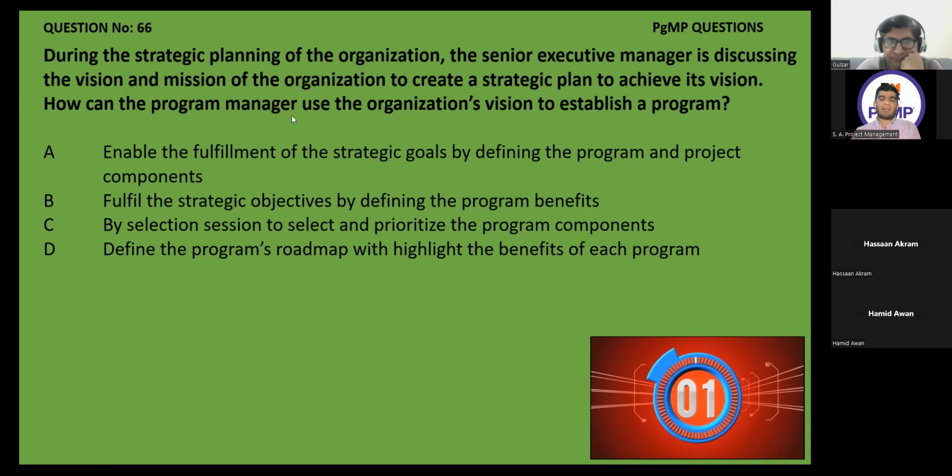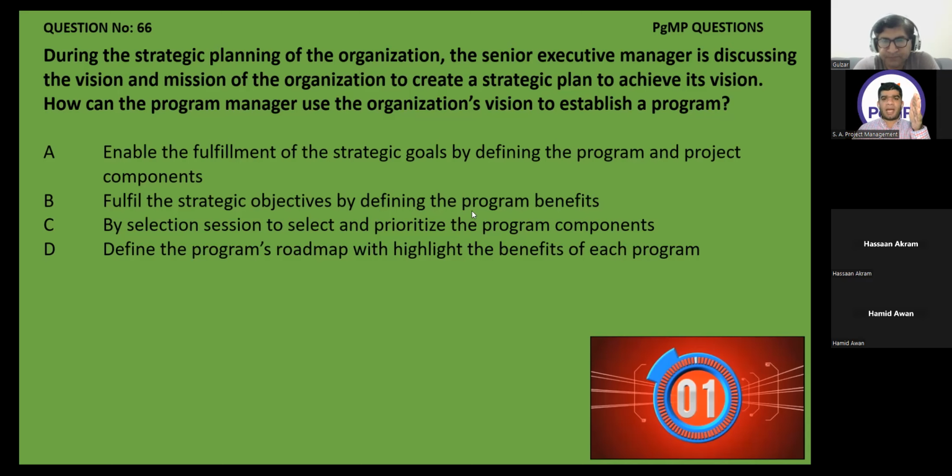How can the program manager use the organization's vision to establish a program? So at this moment, we are talking about the organizational strategy, which is the first step. Then after this comes defining the program business case, which is indirectly saying defining the program and what its components will be. Then will come the program charter phase. Then will come the program roadmap phase.